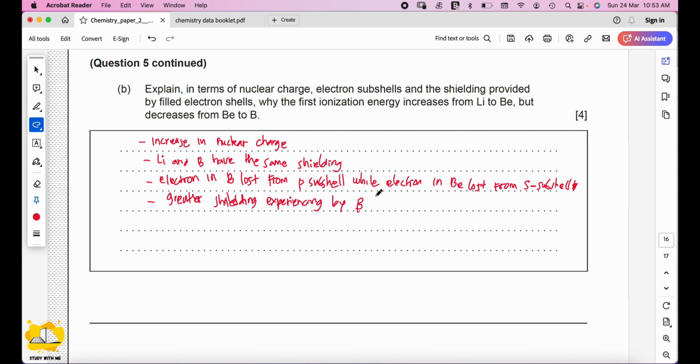So the electrons in B have shielding that doesn't really hold the electrons, so therefore the electron is easier to be removed. So that's why the first ionization energy from Be to B decreases.